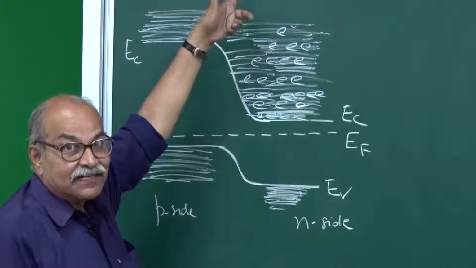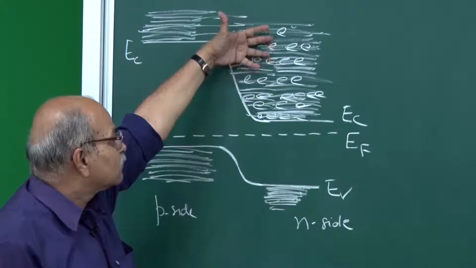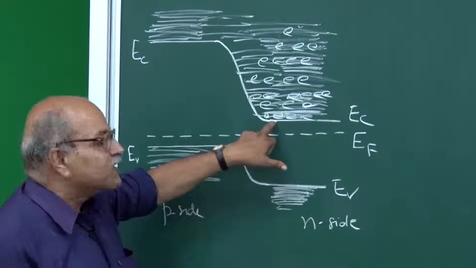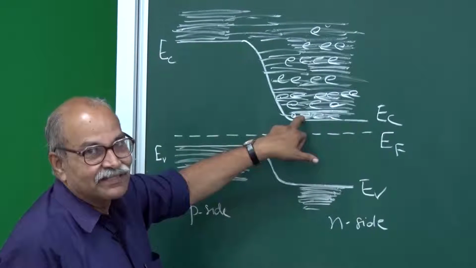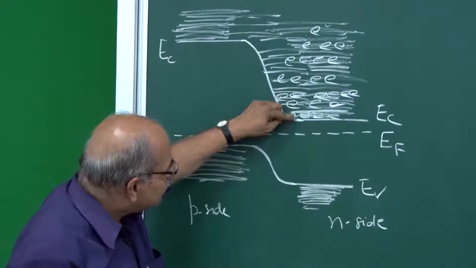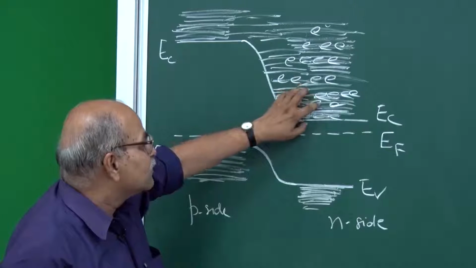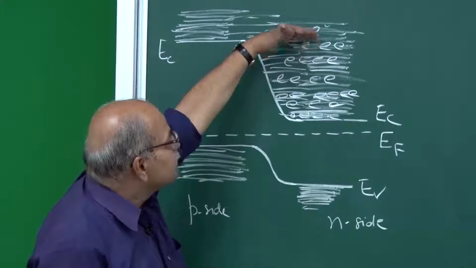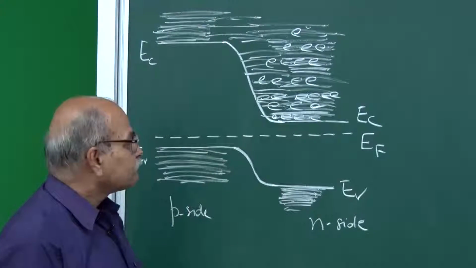The density of states also comes into the picture to decide the distribution of electrons here. Right at the bottom, you remember, the density of states is 0, and then it increases, so it maximizes not at the bottom, but a little bit above. But we are not concerned with this. Here the concentration decreases exponentially as you go up in energy.